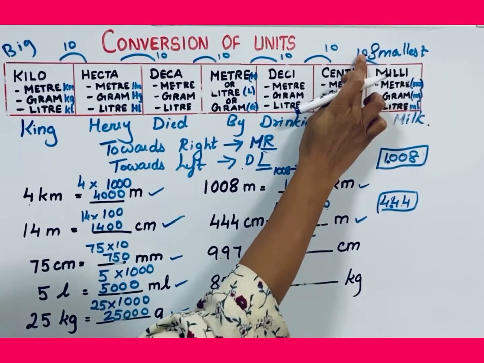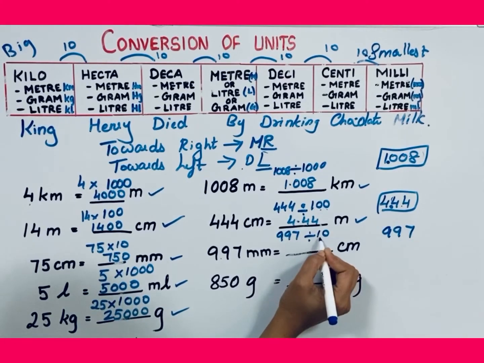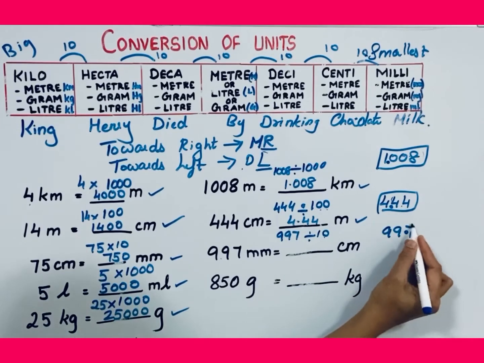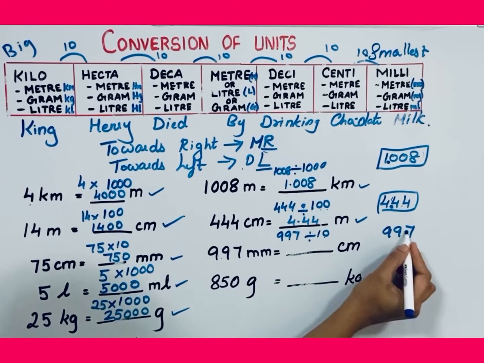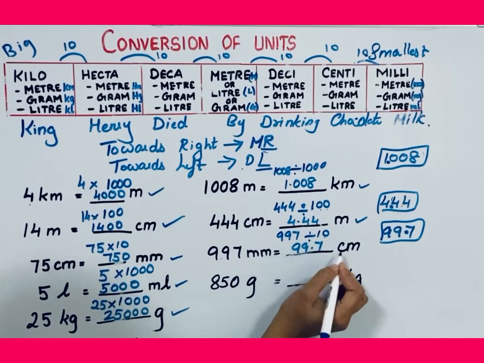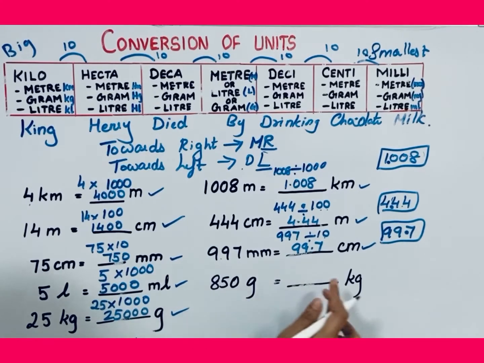So only divide by 10. In 10 there is only 1 zero. So move only 1 time from the end and insert the point. So it is 99.7 centimeter.